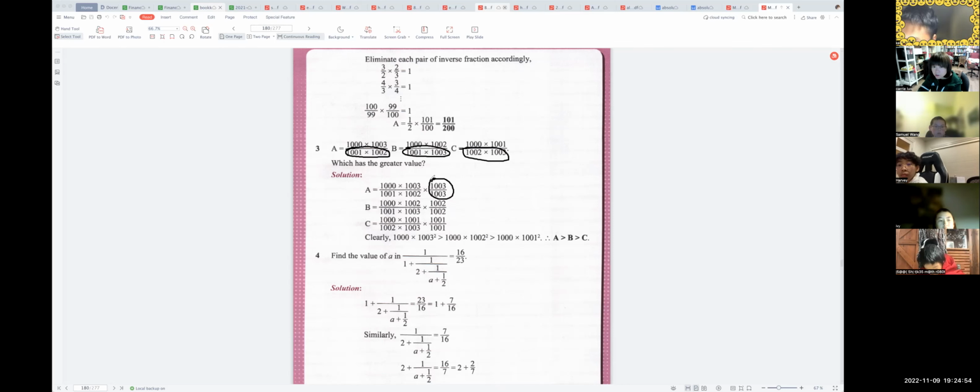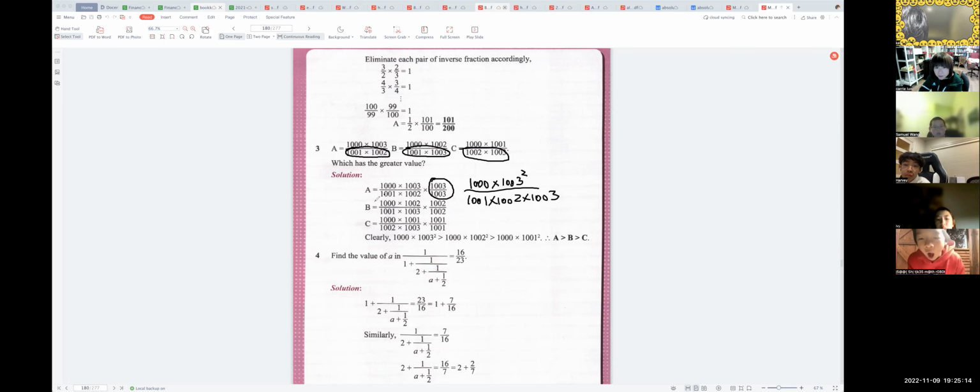And this is not going to change the value of A because 103 over 103 equals 1, right? Understand? So now this one equals 1000 times 1003 squared over 1001 times 1002 times 1003.